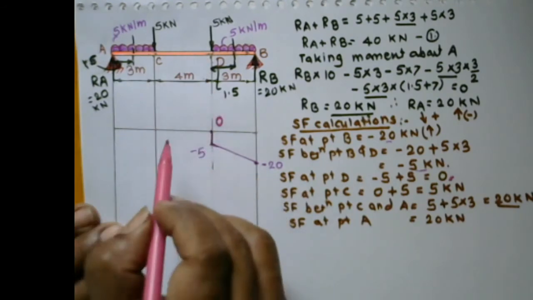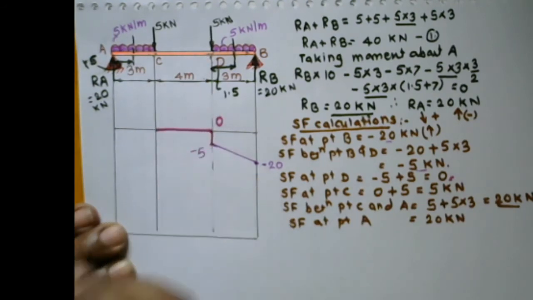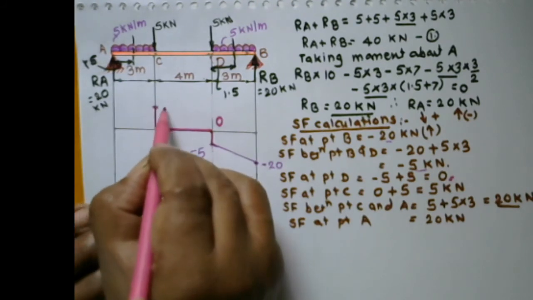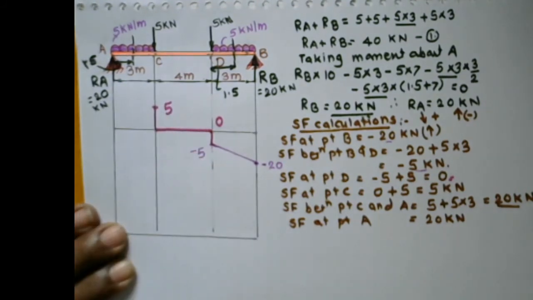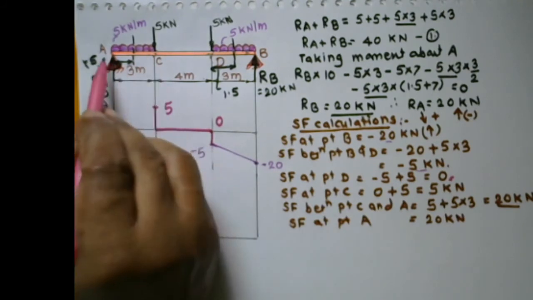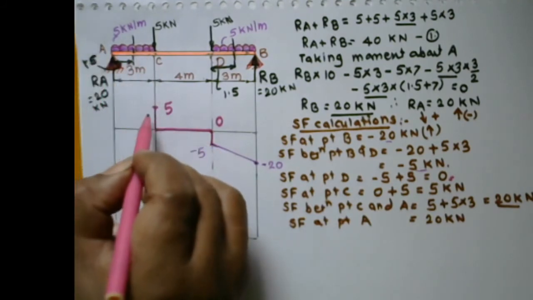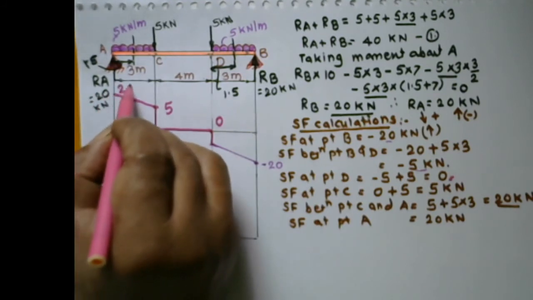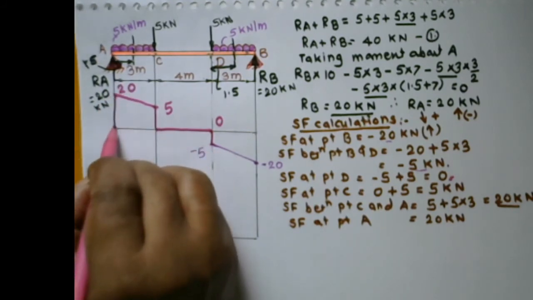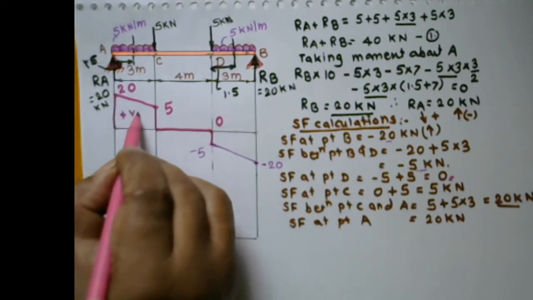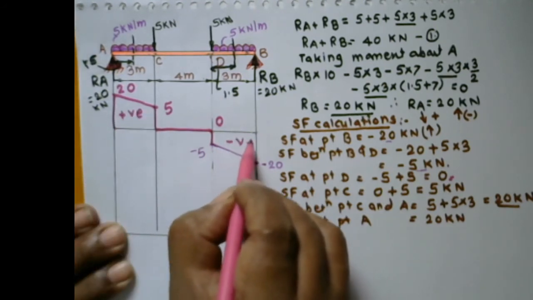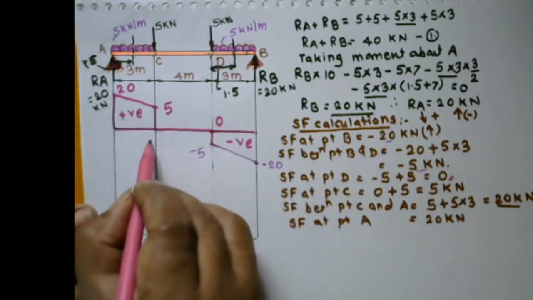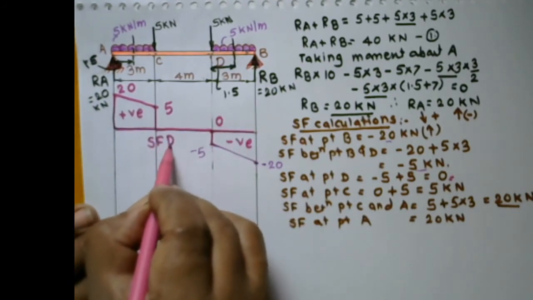Between the point C and D there is no load, so there is a horizontal line. At point C 5 kilonewton is added, so that becomes 5. And between the point C and A there is a UDL, and at point A shear force is 20 kilonewton, 15 plus 5. So this part is completely positive, this part completely negative. In this way this completes our shear force diagram SFD.